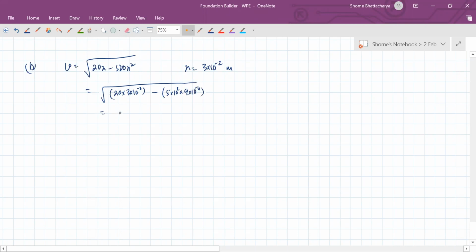Okay, so this is becoming 6 into 10 raised to the power minus 1 minus 4.5 into 10 raised to the power minus 1. That is again square root of 0.15.